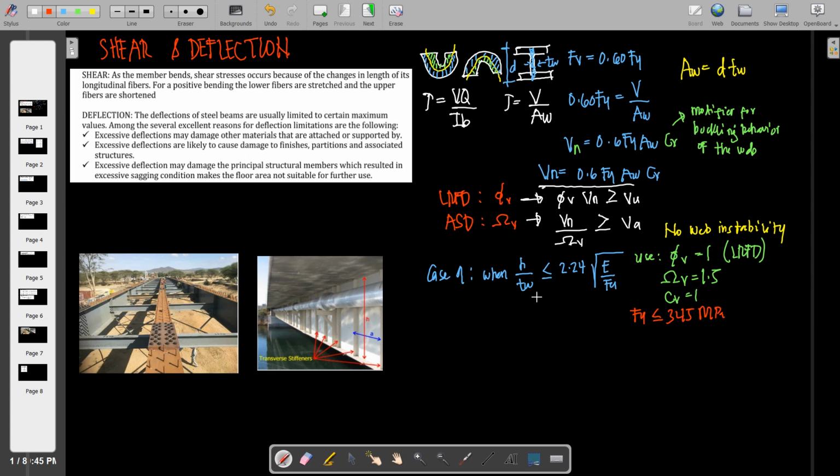But still, we need to check our h and the thickness of the web. By the way, what is h all about? So, h, if we have here a section, I-beam, of course, h is given by this.